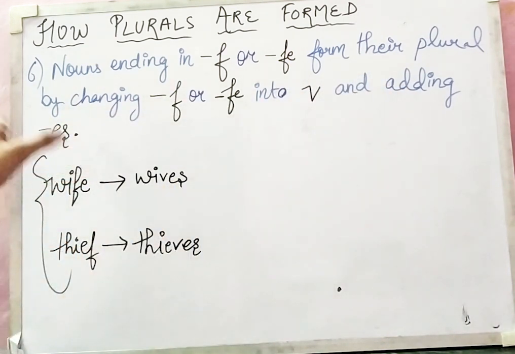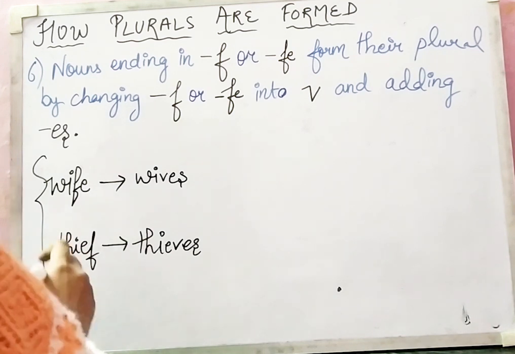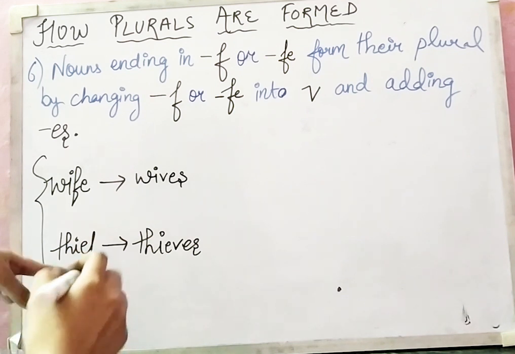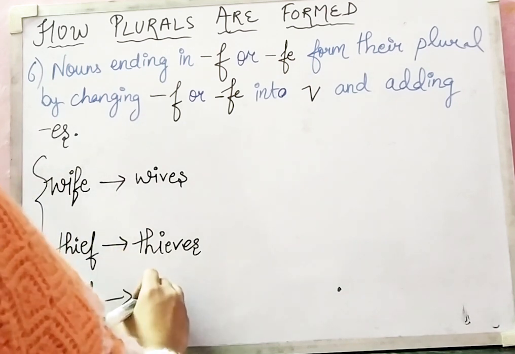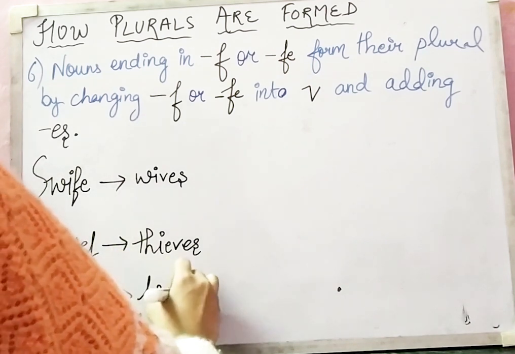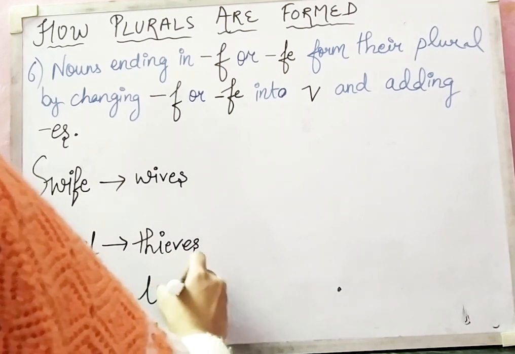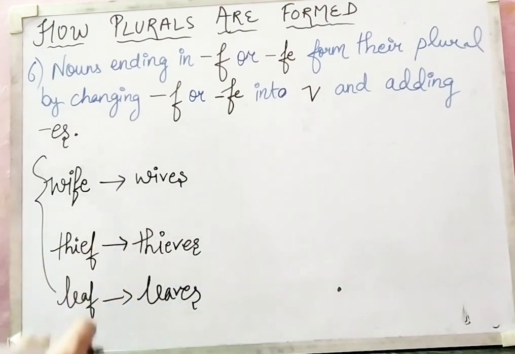So this is the point 6 that we have to do in this. We can take one more example also, like leaf, patta. Leaf, this word also ends with f. We just have to replace f with v and then add es, means leaves. This is similar, we have replaced f with v and then we have added es. So leaves is the answer.